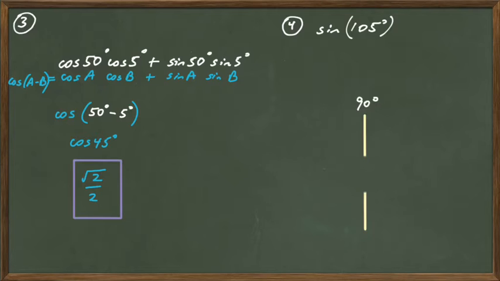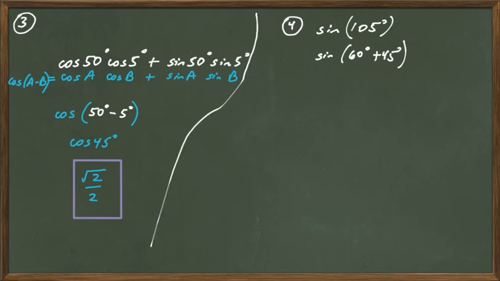Can I write it as a sum of two angles that I know? How about the sine of 60 plus 45? Does that add to 105? Do I know the identity for sine? Well, I think it's sine cosine, the same thing, and then reverse: cosine 60, sine of 45.